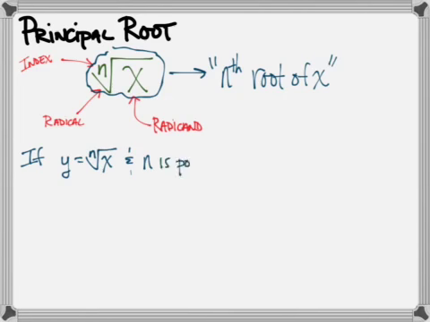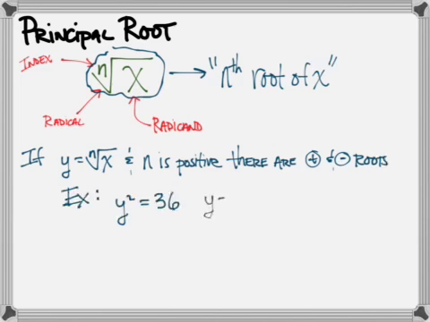If n is positive and even, there are going to be positive and negative roots. For example, if y squared is 36, y could be 6 or negative 6. That's a problem when we're dealing with functions, because if I want an inverse, I want a one-to-one mapping: one thing in, one thing out. I don't want two things out. It won't pass my vertical line test, so it will no longer be a function.